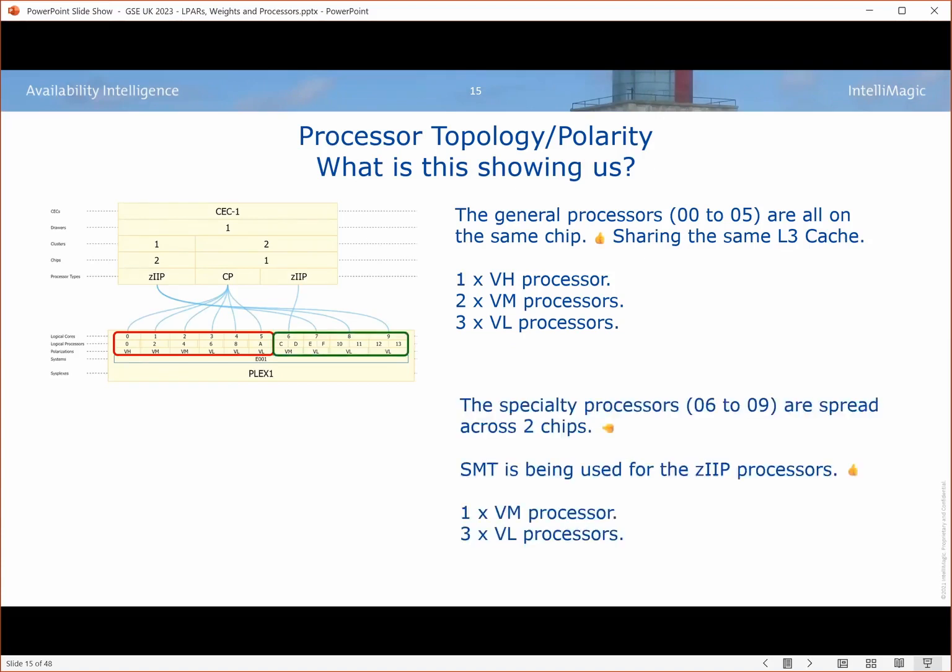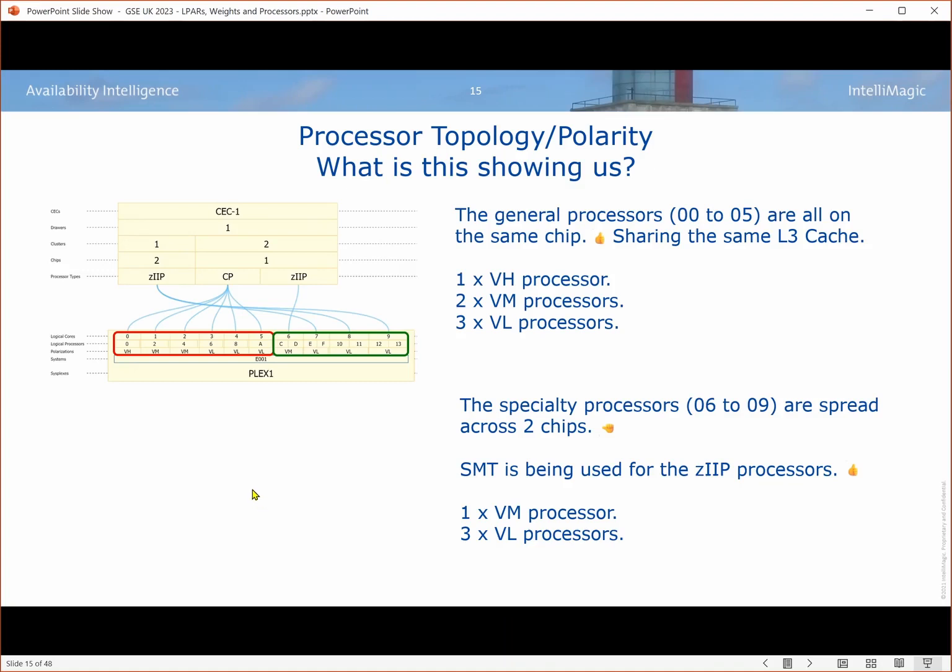The specialty processors, the zIIPs, are also defined here, and in this case, they're spread across 2 chips. We can see that processor number 6 is on chip number 1, which is the vertical medium. So we're expecting that's the bulk of our zIIP workload. And for this particular LPAR, we have 3 vertical low processors, and they're all defined on chip number 2 in a different cluster.